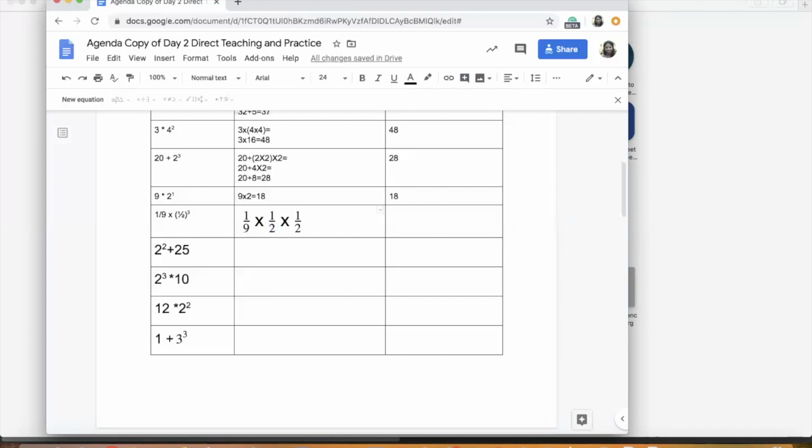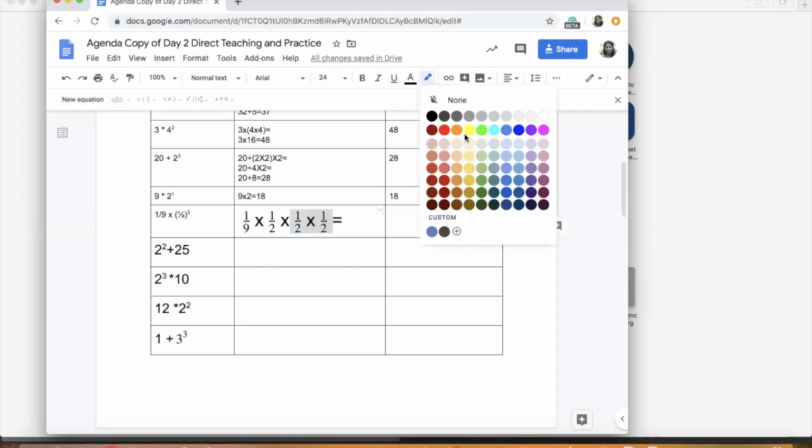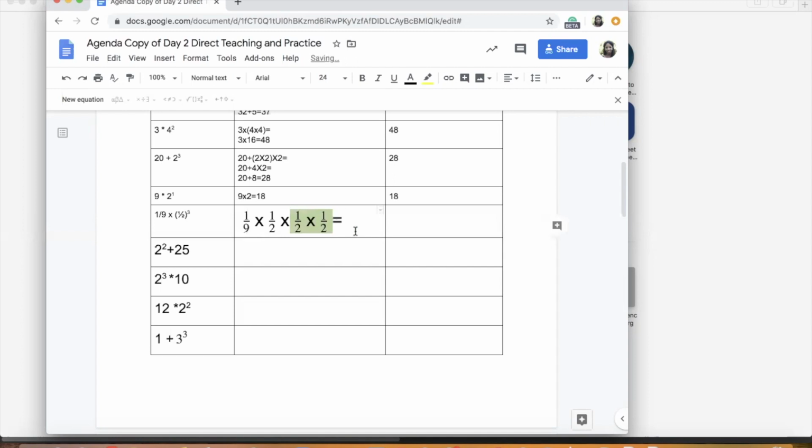I didn't have to write that over again. I'm going to do it again: times, Command V. Now I have 1/2 written three times. So I'm done. Again, I like to highlight my pairs, my identical pairs or twin factors. The two numbers that are exactly the same, I like to highlight them or put them in parentheses.